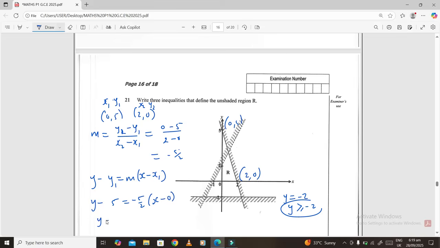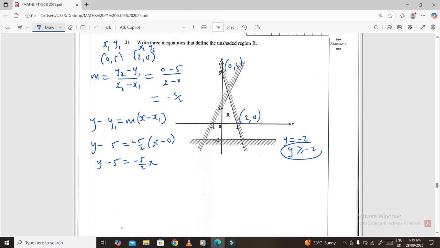So here it's y minus 5 equals -5 over 2 x. And then here it will be y is equal to minus 5 over 2x plus 5. So now we can show that this one is y is less or equal to negative 5 over 2x plus 5. This is the one.